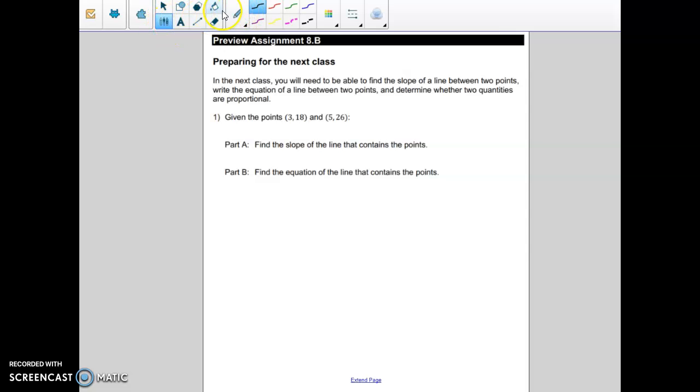So our first question says, given the points (3, 18) and (5, 26), calculate the slope of the line. So remember we worked with this equation of y2 minus y1 over x2 minus x1.